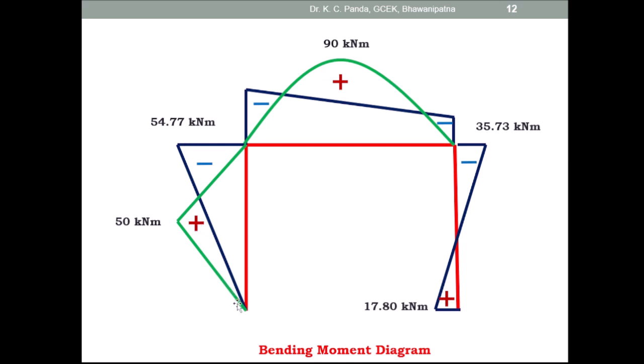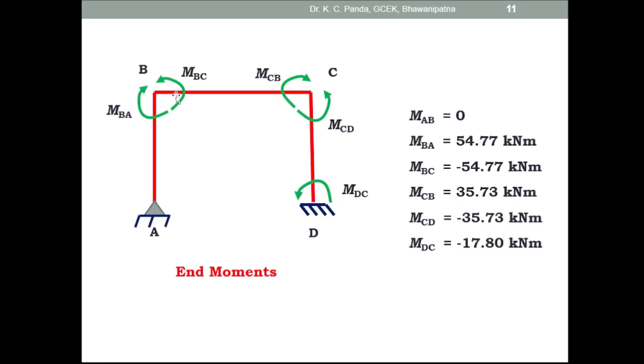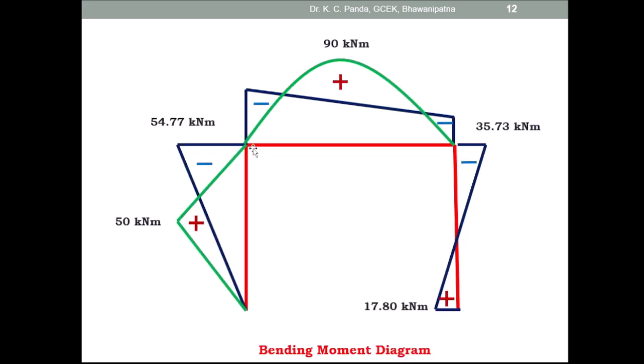This is the negative bending moment diagram for this member. On this side MBC is minus 54.77 and MCB is 35.73, so you take 54.77 and 35.73, draw these two points, and this is the negative bending moment diagram.